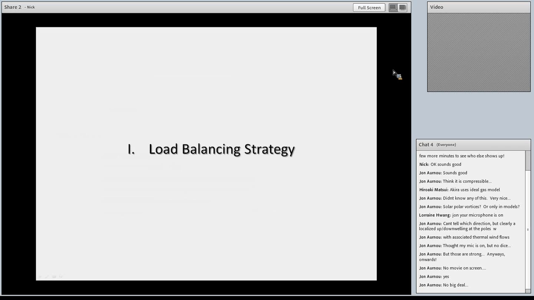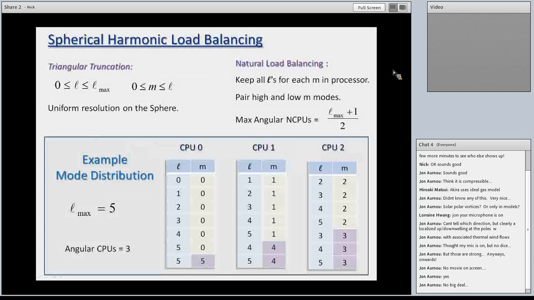So I'll talk a little bit now about the load balancing in ASH. We use a triangular truncation for the spherical harmonics. So we pick some maximum spherical harmonic degree L max, and then at any L in the range 0 to L max, the M values will run from 0 to L. This gives uniform resolution on the sphere, but it means that different L's have a different number of M values associated with them.